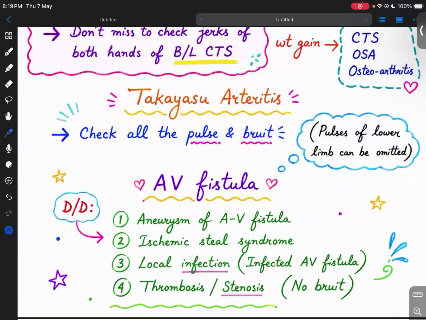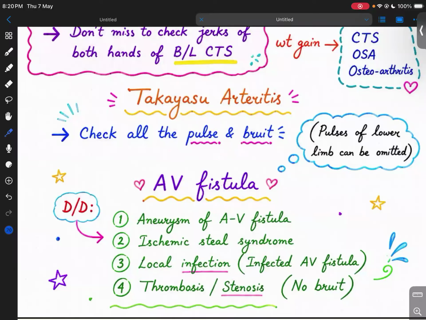At the same time, we have to check pulse of both hands. The way of checking the pulse is approaching from distal to proximal. So first we check the radial pulse, then brachial pulse, if it is present, then carotid pulse.